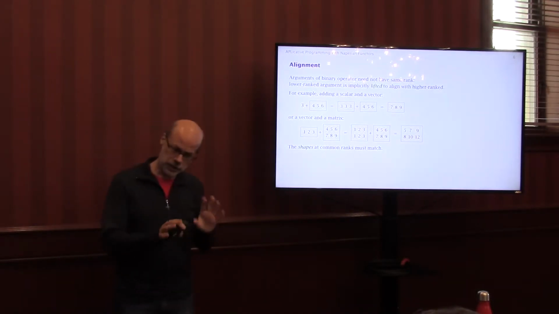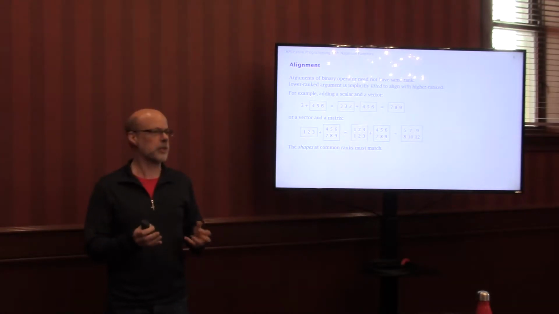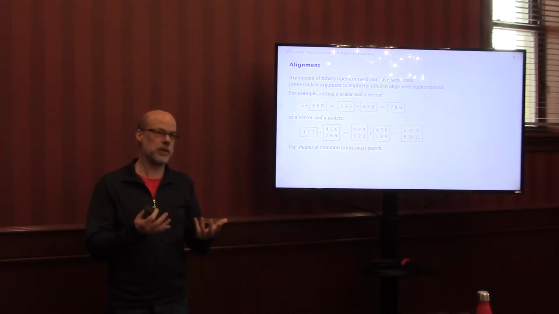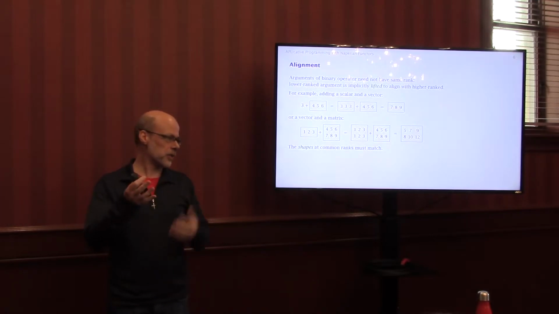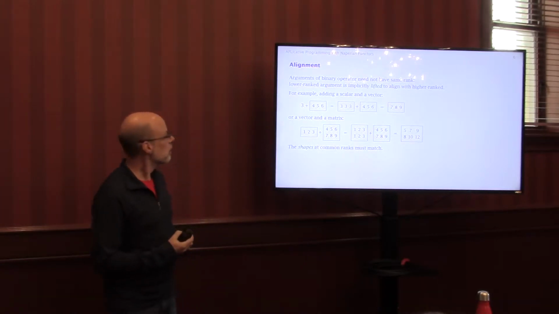So it gets more interesting because the arguments of the binary operator need not have the same rank. The rank is the dimension. You can add a scalar to a scalar, a vector to a vector, a matrix to a matrix, but you can also add a scalar to a vector.